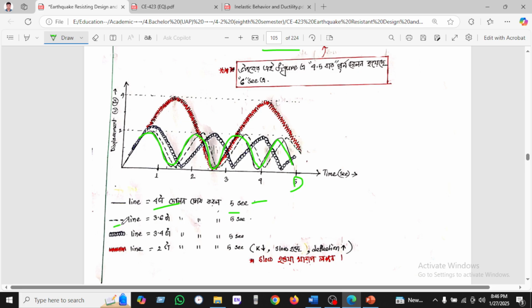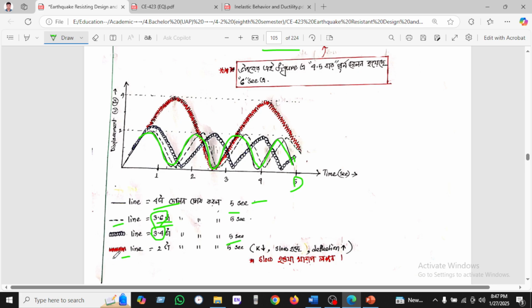On the other hand, the dotted line also completes, but it takes 3.5 cycles, more or less. Another, the circular-shaped one, completes 3.4 cycles within 5 seconds.